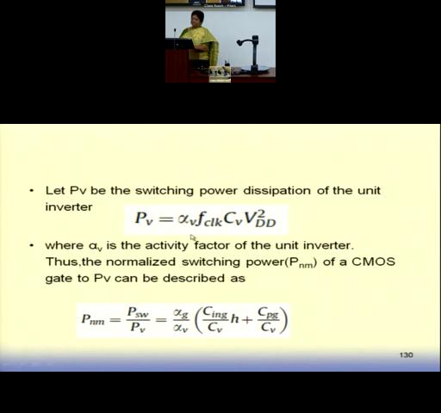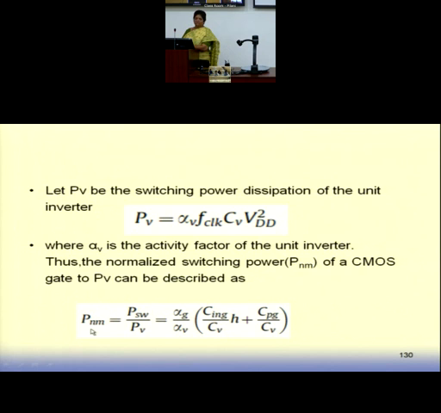It is given by P U, that is alpha of my standard CMOS inverter, F clock, C at the output of your standard CMOS inverter, and VDD squared. The subscript U refers to the standard CMOS inverter.